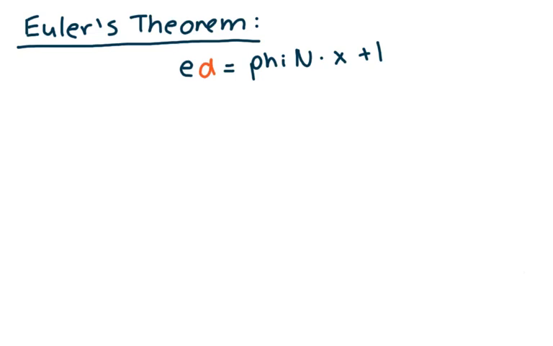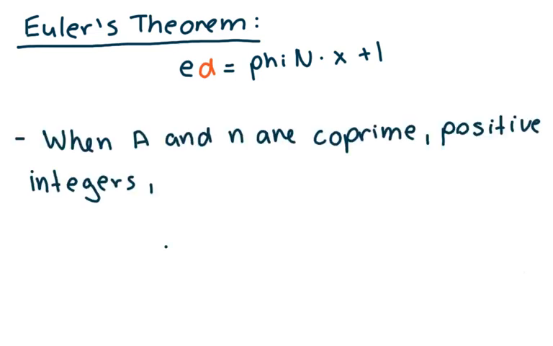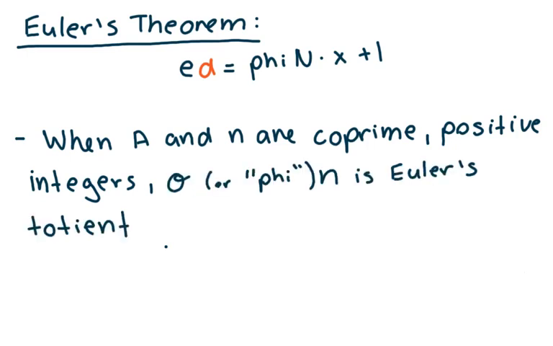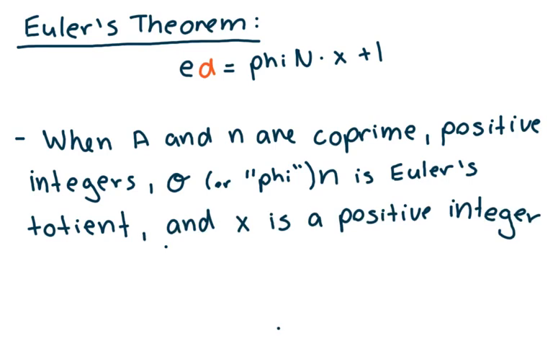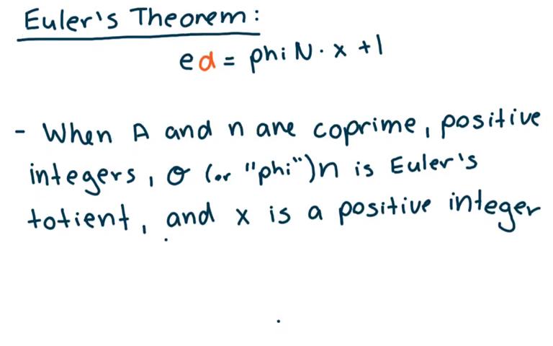So Euler's theorem states that when a and n are coprime positive integers, phi n is Euler's totient, and x is a positive integer, then a to the phi n times x power mod n is equal to 1.